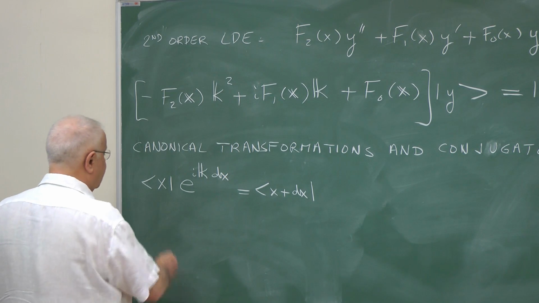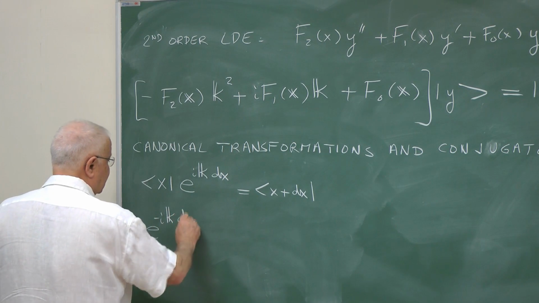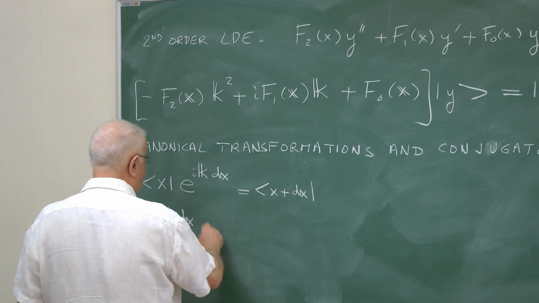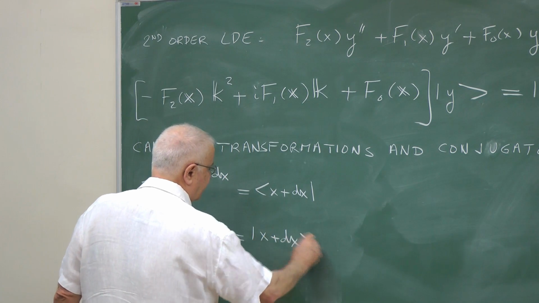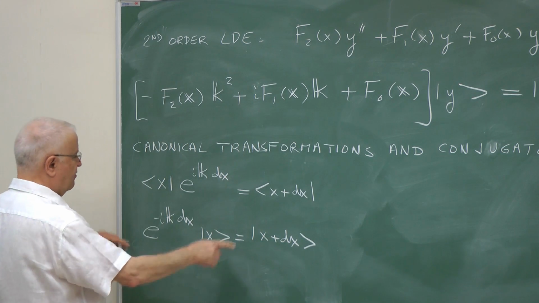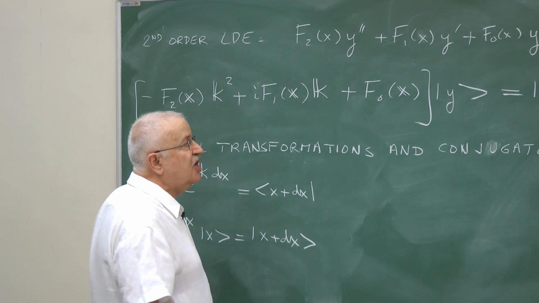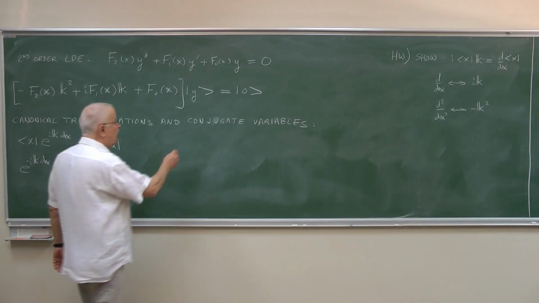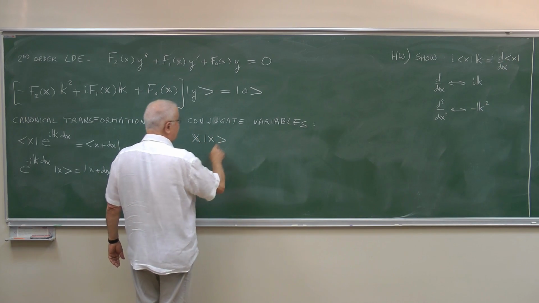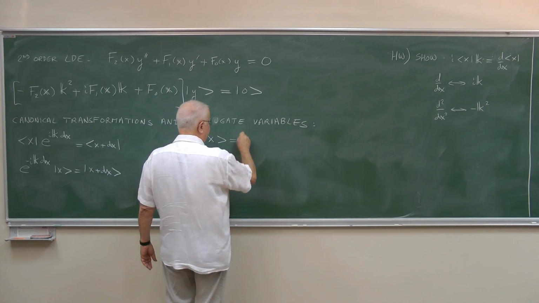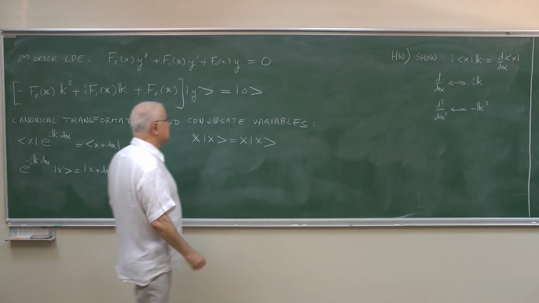On the other hand, e to the minus ik dx, x is x plus dx ket. So kets and bras have a sign difference. Now let me start with the eigenvalue equation. X hitting its eigenket brings out the eigenvalue times the same eigenket.